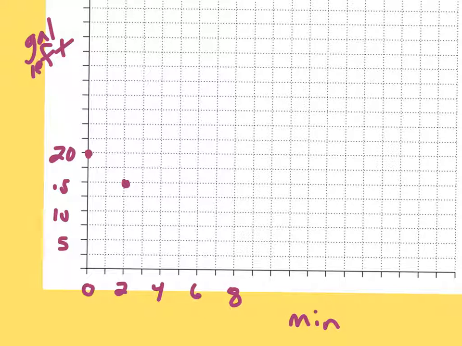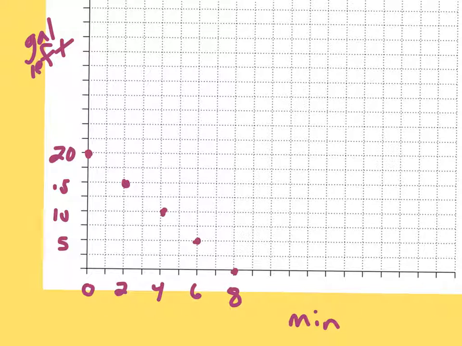We'll put a point there. After 4 minutes, it was 10. So right there. After 6 minutes, it was 5. And after 8 minutes, the bathtub was completely drained.